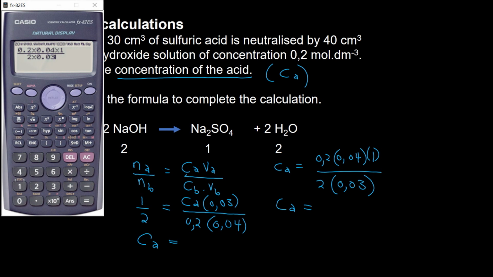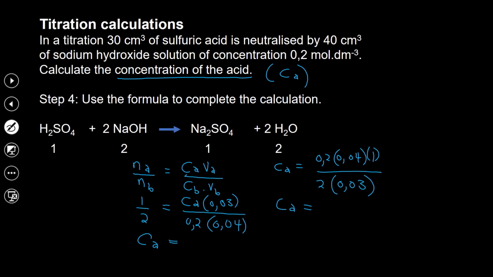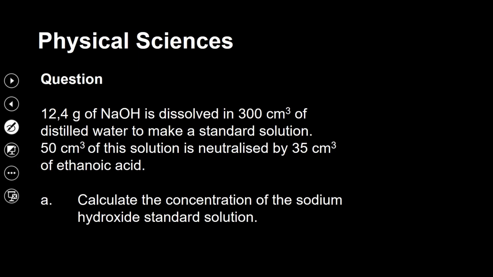What does that give us? It gives us the unknown concentration of the acid, which is 0.13 moles per cubic decimeter. So that's exactly how we determine the unknown concentration, right?